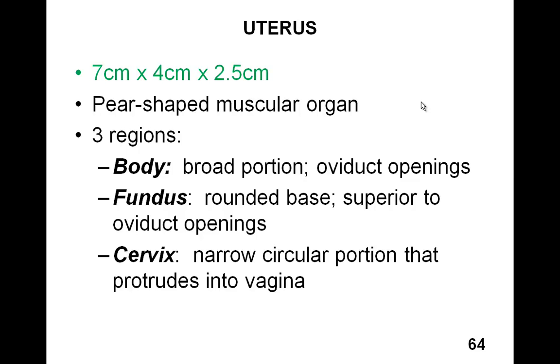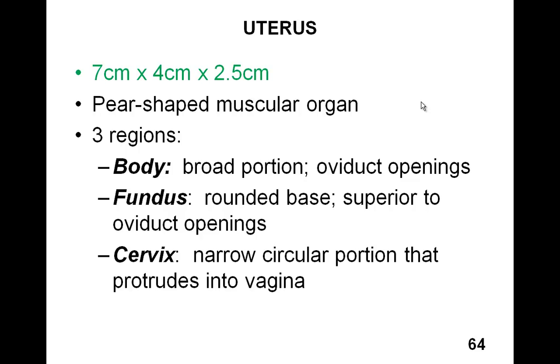The body of the uterus is the location where the intramural portions of the oviduct penetrate. The fundus is a rounded base of the uterus, and it actually projects above the openings to the oviduct. And then the cervix is a narrow portion of the uterus that is going to project into the vagina.